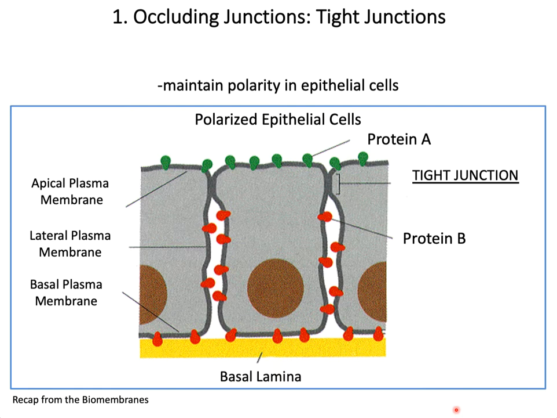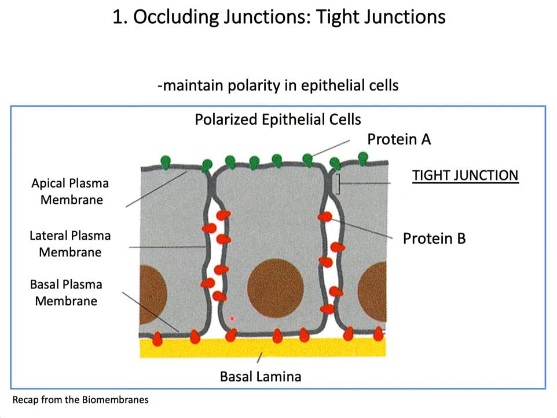Here is a diagram of the epithelial layer, and you will remember that the epithelial cells are polarized in that they have an apical plasma membrane, an apical domain, and they have this basolateral domain. The apical domain is shown as the top of this layer in green, and the basolateral domain is the rest of the membrane. Proteins in the apical membrane, such as protein A in this example, can freely move within the apical domain, but cannot pass over to the basolateral domain.